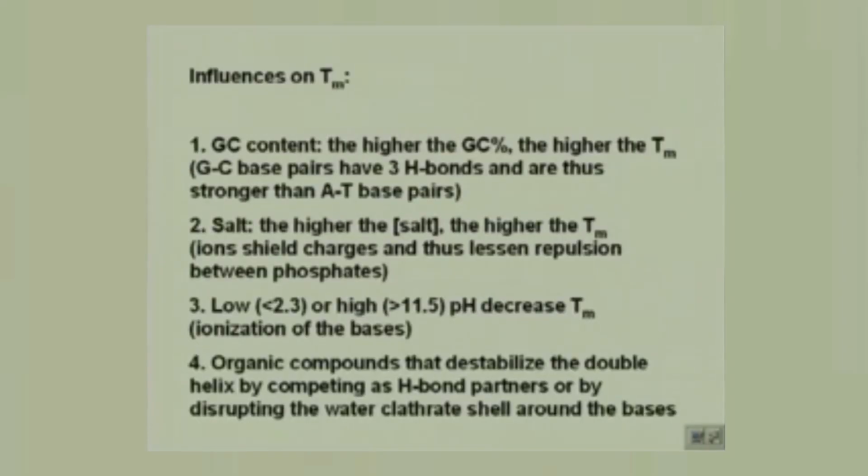Then we have organic compounds. Organic compounds can act in different ways. One thing is they can intercalate between the bases, and what are they going to do? They are going to disrupt, in that case, the stacking interactions. They can also form more favorable hydrogen bonds with the bases, and in that case, what are they going to do?